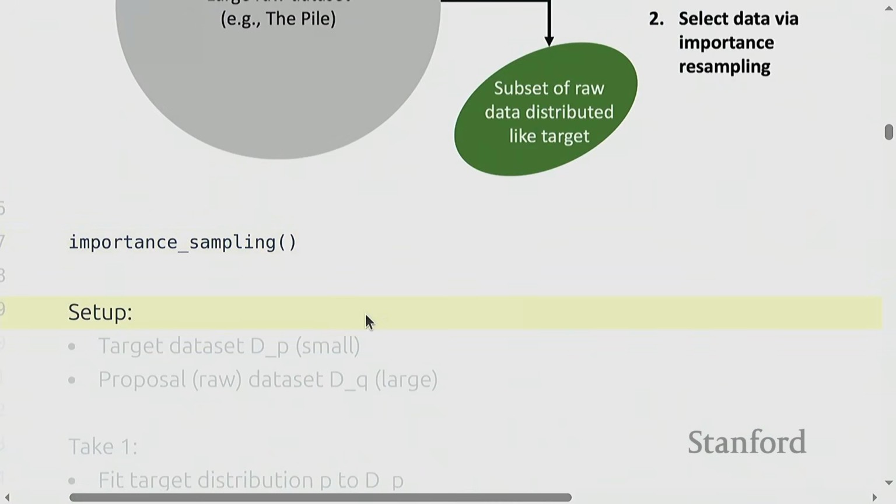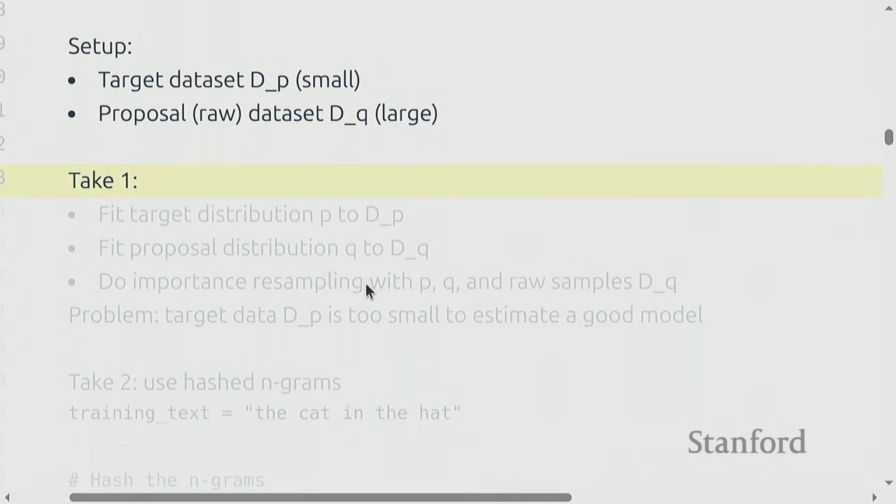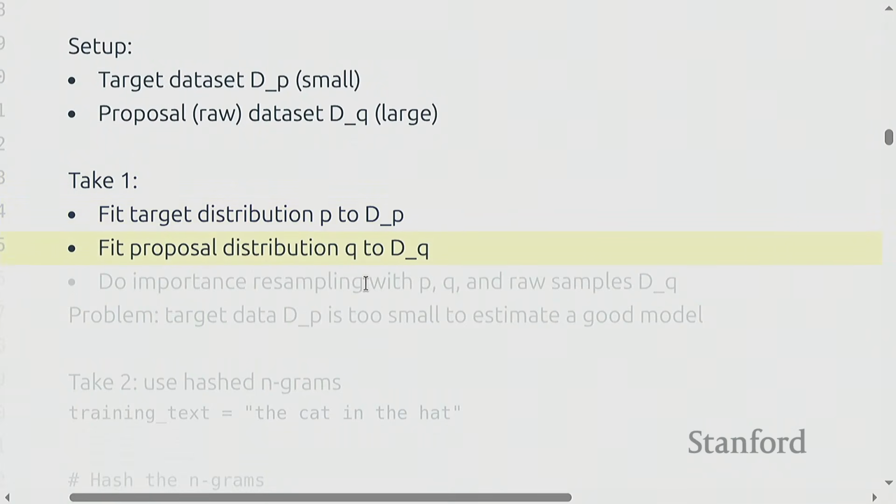Now we go to how we do data selection. We have a target data set, not a distribution, which is small, and we also have this raw data set, which we're going to call the proposal data set, DQ, which is large. So you could fit a distribution P to DP, fit a distribution Q to DQ, and do the importance resampling that we talked about 2 minutes ago.